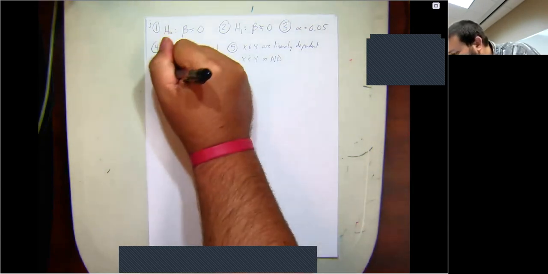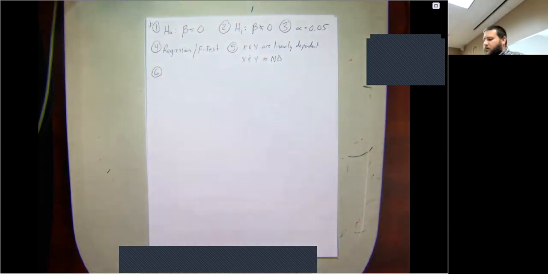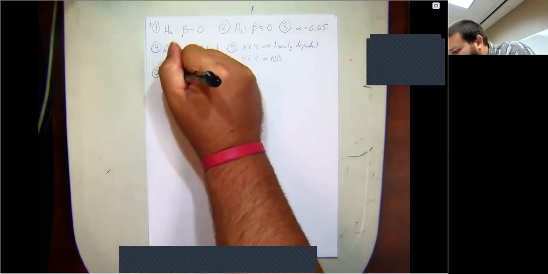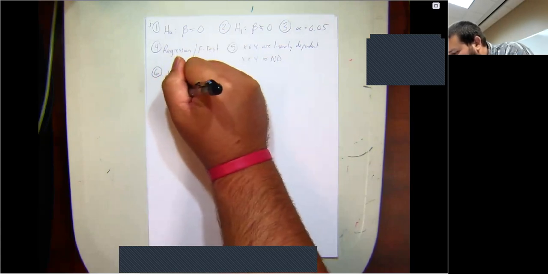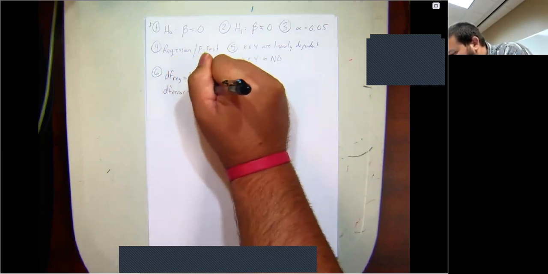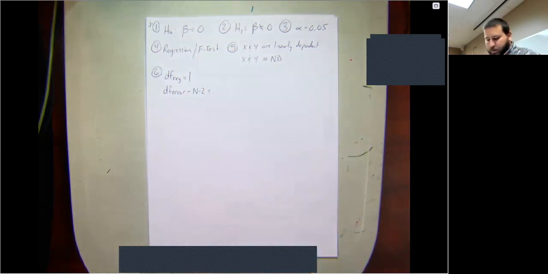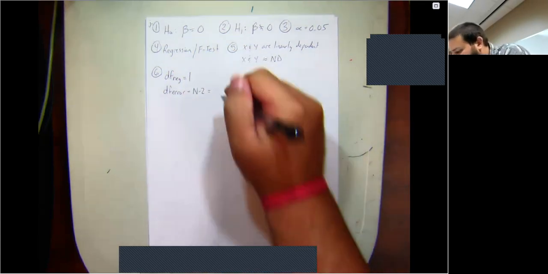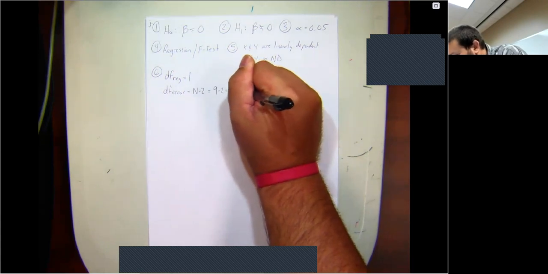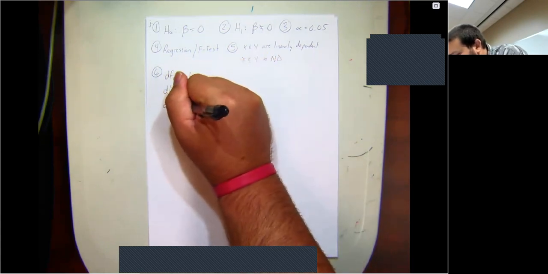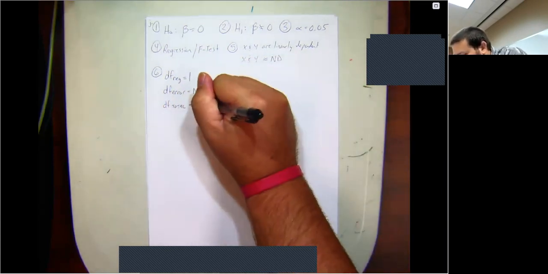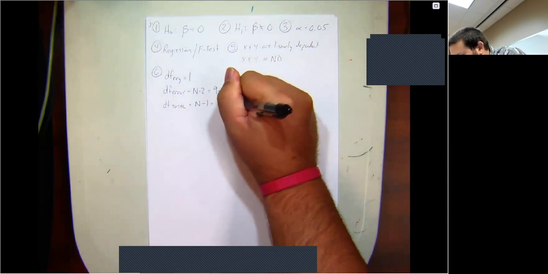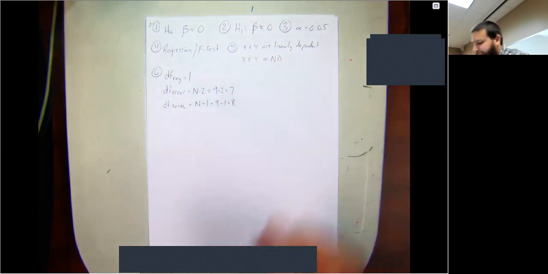I want to skip a step. Find the critical value and state our decision rule. Remember, degrees of freedom regression is always 1. Degrees of freedom error is n minus 2. How many total people did we have this time? 9. 9 minus 2 is 7. And df total, not that you really need it to find the critical value, but we'll need it for our source table, is n minus 1, 9 minus 1, equal to 8.